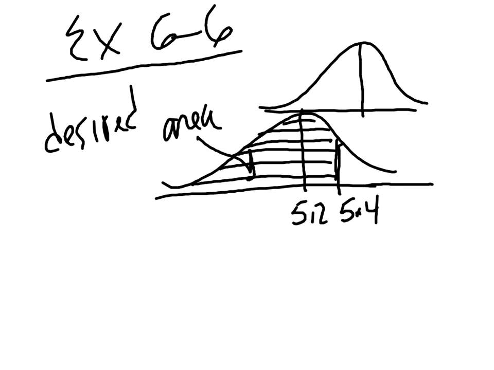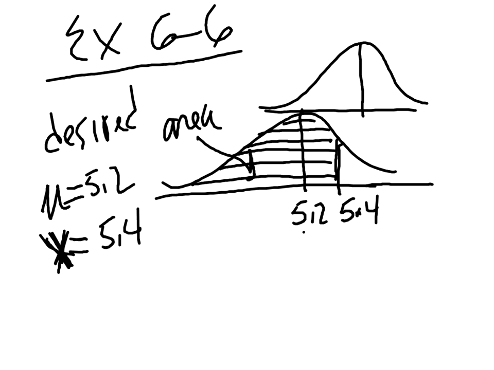But we can't do anything until we find out the z-value associated with 5.4. So I'm going to put some things that we know here. We know that the mean is 5.2. We know our value that our variable that's normally distributed is 5.4, and we know our population standard deviation, I believe, was 0.3.